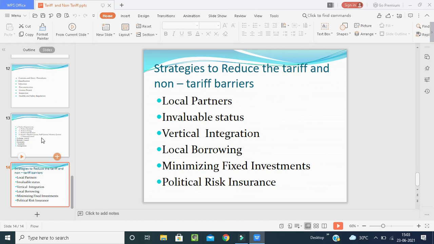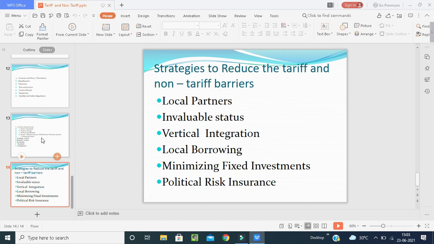Invaluable status. So in the invaluable status, what is happening here? Sometimes you may not get the status in the country, and because of that, the product can be involved. That means it can have some value in other countries. Like achieving a status of indispensability is an effective strategy for a firm that has exclusive access to high technology or specific products.